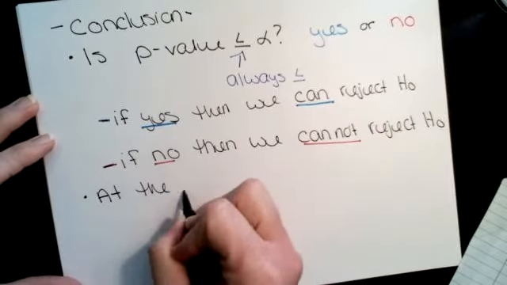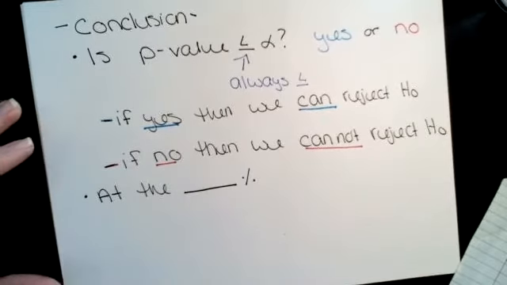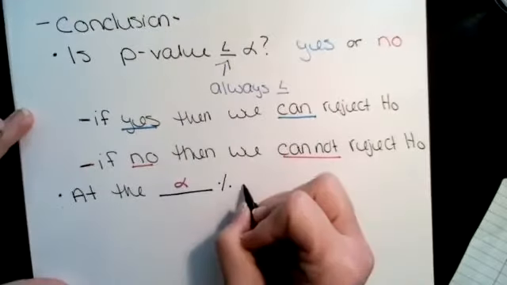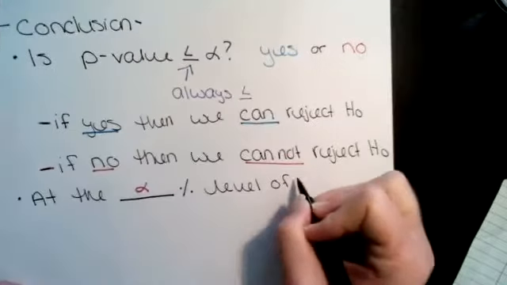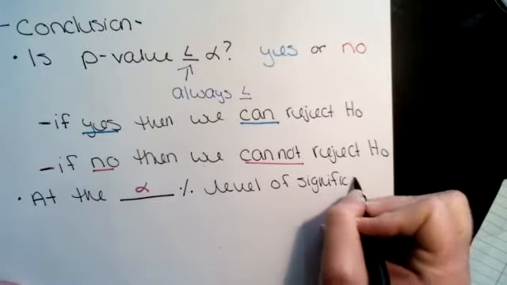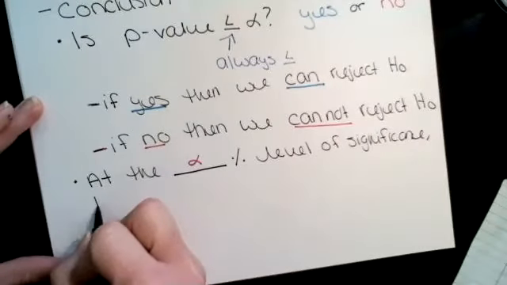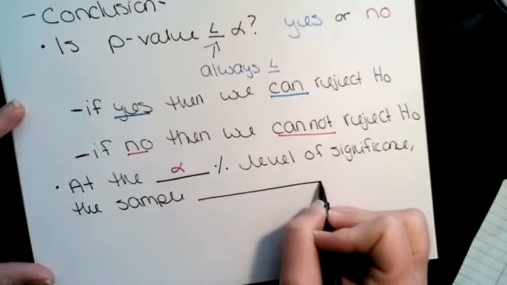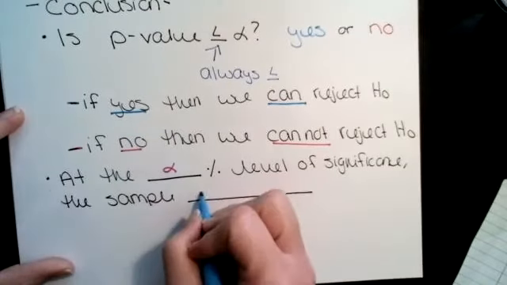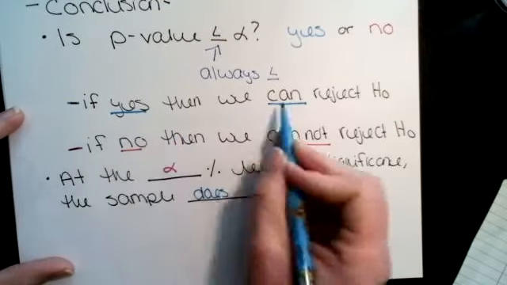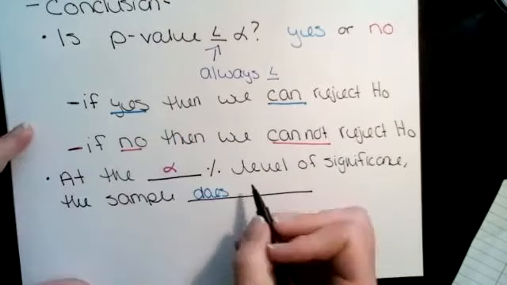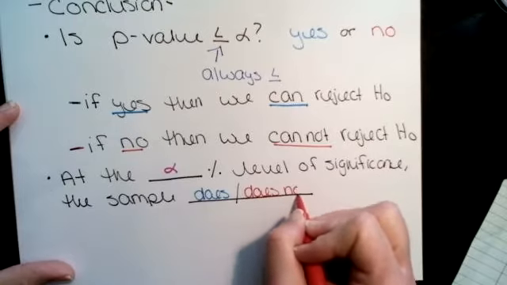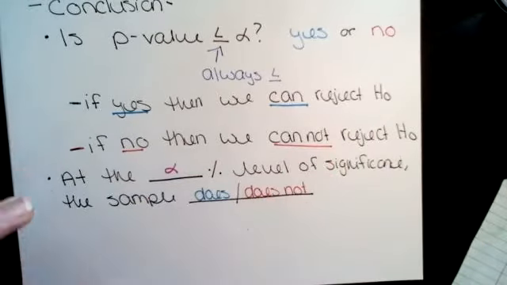So at the alpha percentage level of significance, we can say the sample, now I'm going to say it does if I answered yes up here, or I'm going to say does not if I've answered no here.